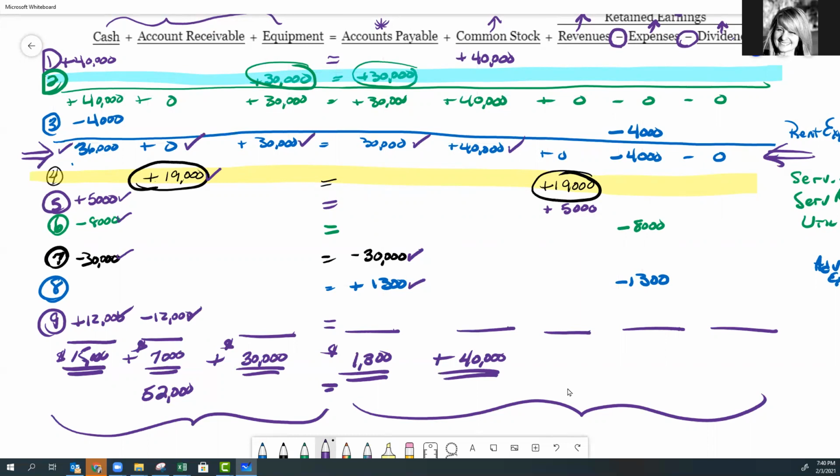Our revenues, we had 19,000 in revenues and 5,000 more. So we have 24,000 in our revenues. And revenues make stockholders' equity go up. So we add it. Our expenses, we had 4,000 and then we added 8,000 more in expenses and 1,300. And those equal 13,300.